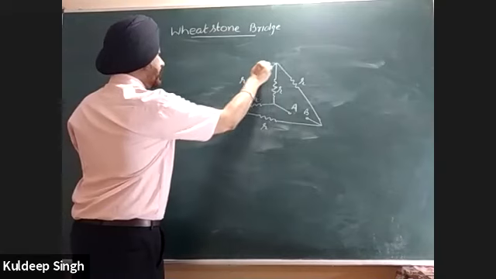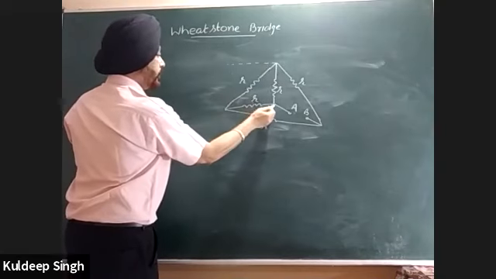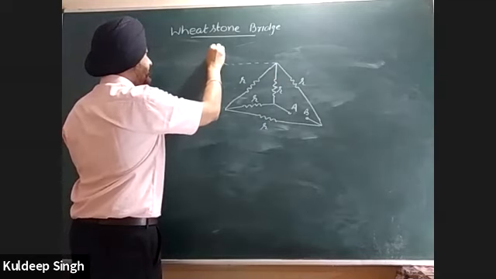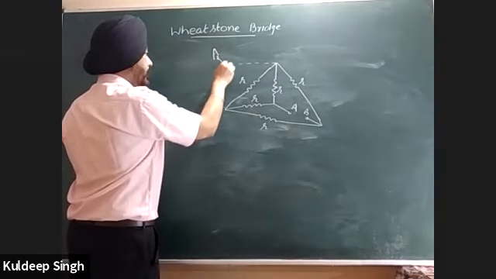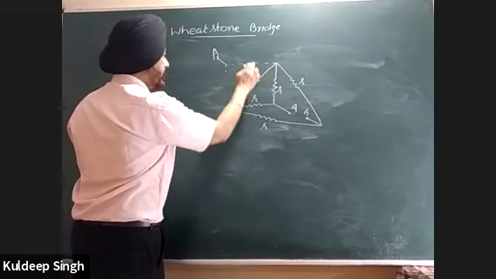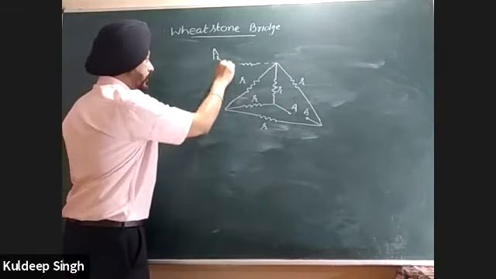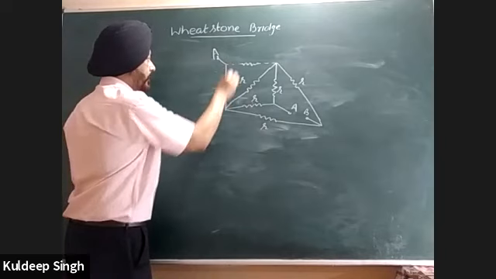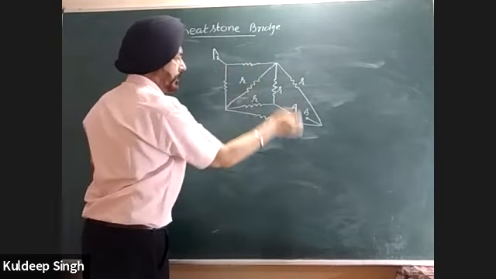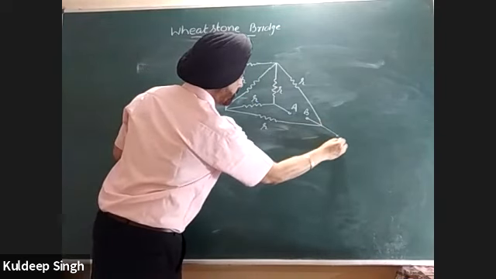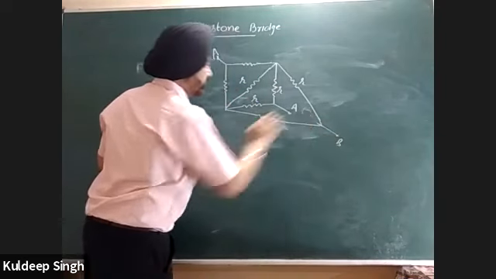When you unfold, this point A will go there. Similarly, this resistance will reach this point, and this will come here. Similarly, you can unfold B when you move this point. So B has been removed.